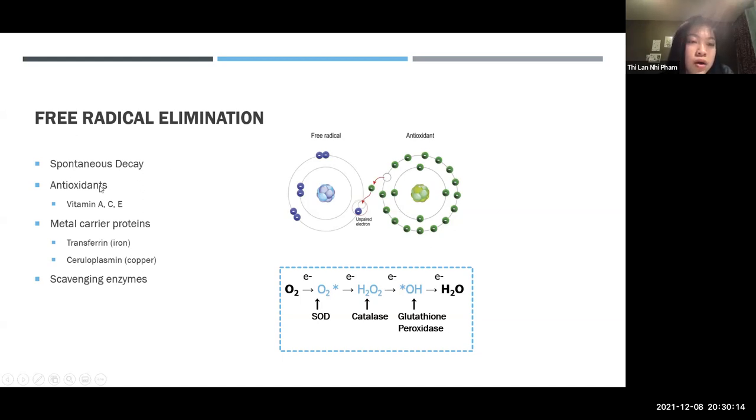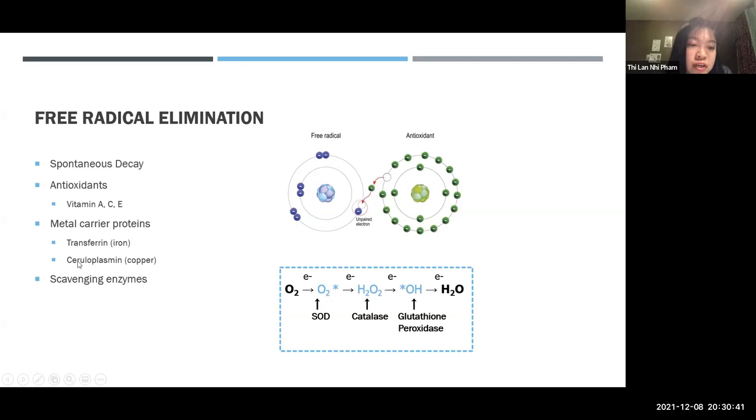Another way we could eliminate free radicals is through antioxidants, and we can add those by adding vitamins A, C, and E. Antioxidants are molecules which have an electron for the free radicals to take without being damaged, so the antioxidants won't become free radicals.